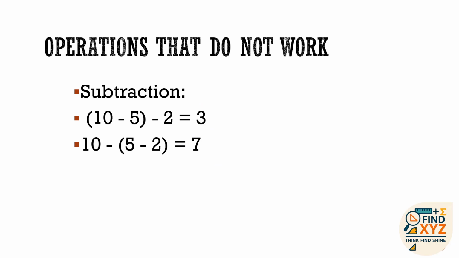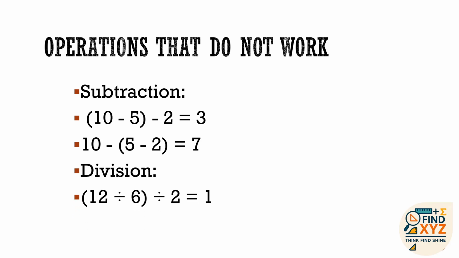Take note, the associative property does not work under subtraction. Let's take a look at another operator, which is the division operator. An example. Given 3 numbers 12, 6, and 2, we can decide to divide the first 2 numbers, which is 12 and 6. When we divide, we are going to get 2, and then 2 divided by 2, we are going to get 1. Now let's switch and focus on the last 2 numbers.